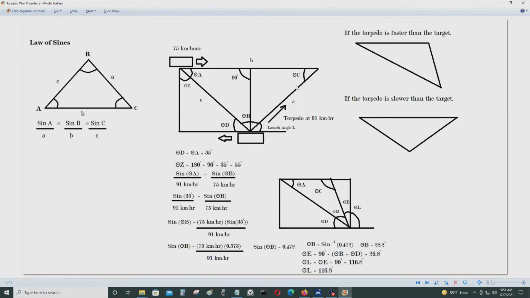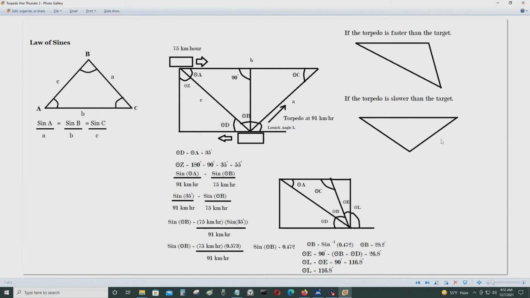It could be 55 degrees or something, whatever. It could be 25 if it was really slow. Then this angle would be more right, covering more distance, because this is moving faster. So that's basically it for that.